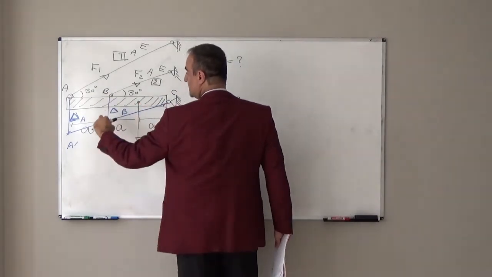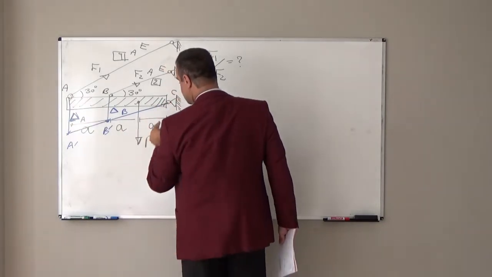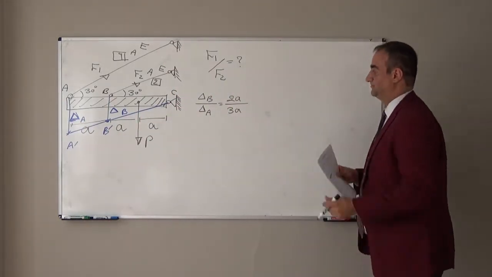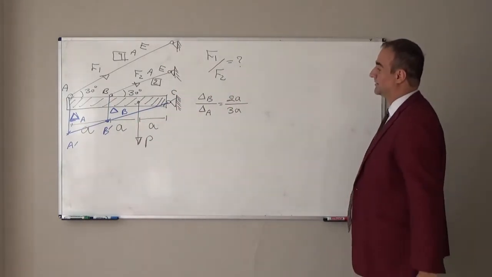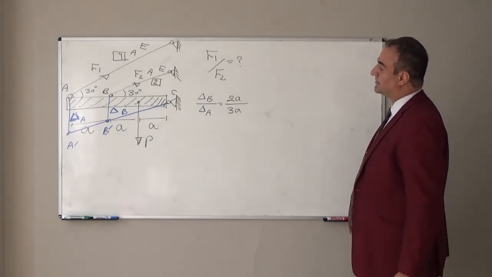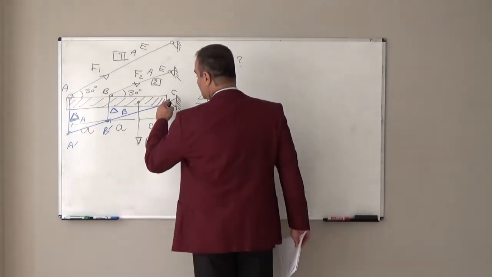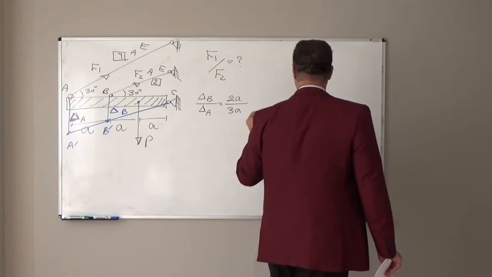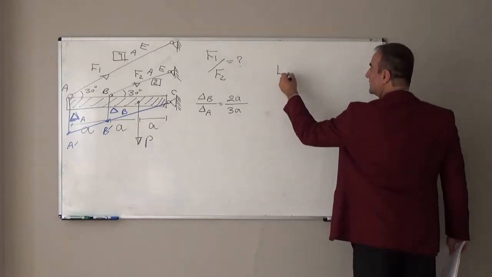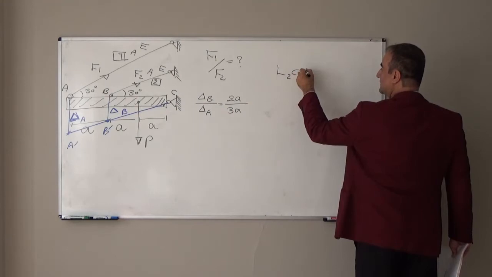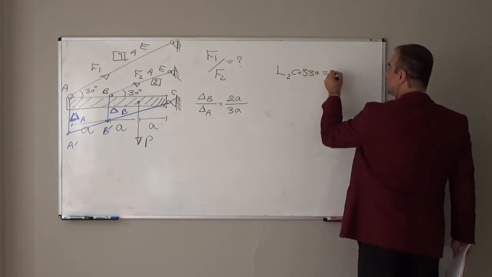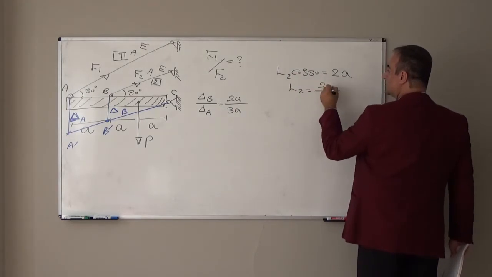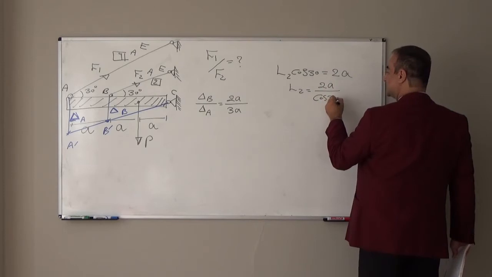Another thing I know, from here to here it is 2a, but I don't know the length of this member. That member length, if it is L2, L2 cosine 30 should be equal to 2a. So L2 will be equal to 2a divided by cosine 30.